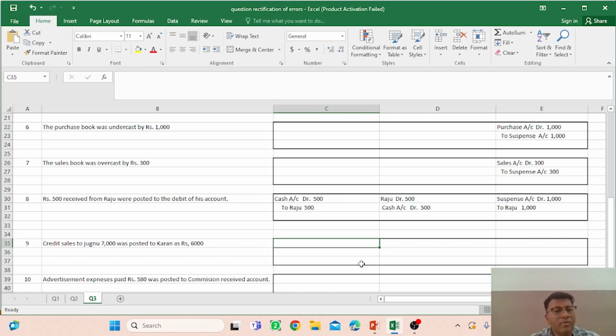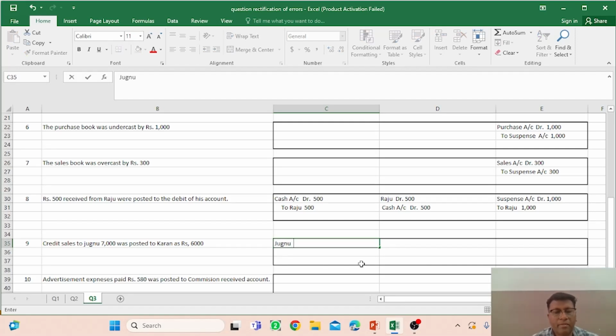So what is the method? Okay, and the next entry is credit sales to Jugnu rupees 7,000 was posted to Karan. So you have to assume that the sale was made to Jugnu. It is a credit transaction.